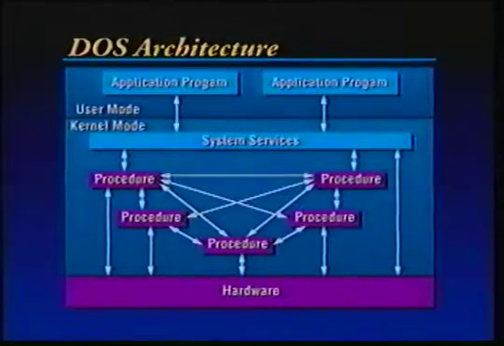Some other things about the architecture is the fact that applications have direct access to hardware resources. And in fact, under DOS, an application can directly access a physical sector on a disk drive or a particular location in physical memory. And what that means from a user standpoint is that applications are very powerful, but they're also very dangerous.